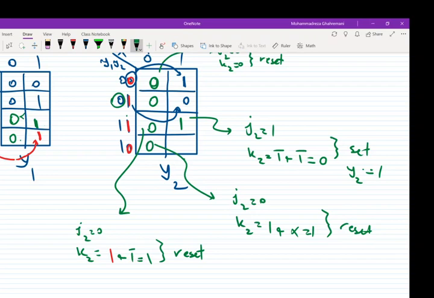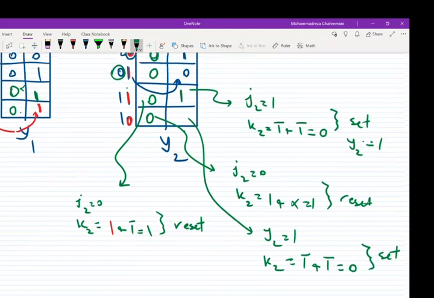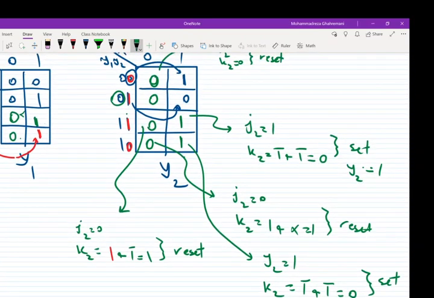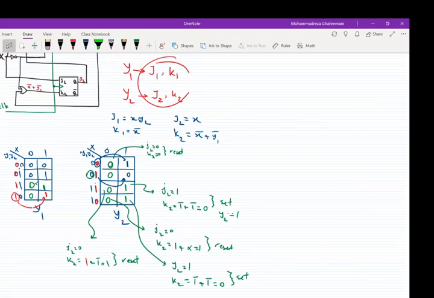So here is 0. And finally, last not the least, J2 is equal to 1, K2 is equal to X bar plus Y1 bar, which is 0, and this one means set. So this one is a value of 1.